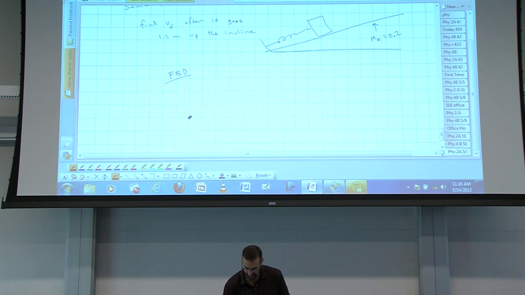Free body diagram. As it's going up the incline, the surface is touching it. The surface can interact in two ways, through a normal force and through a friction force. We have a pulling force.